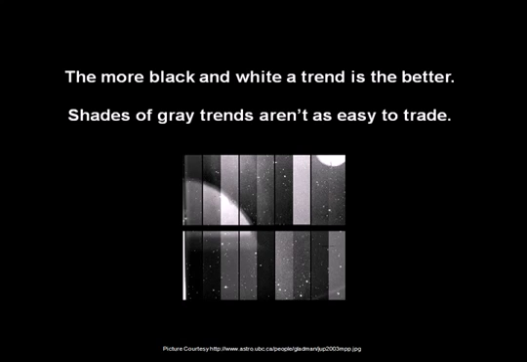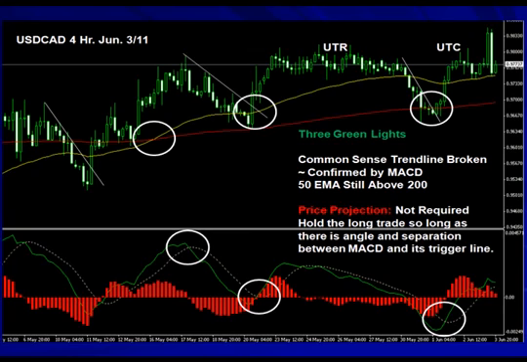Now, the more black and white a trend is, the better, and I'm going to talk about that right now. By black and white or shades of gray trends, what I mean is you can see on this chart the 4-hour USD CAD chart, June the 3rd, 2011.